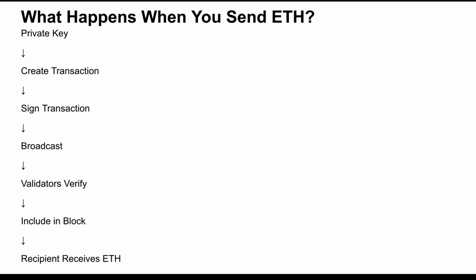And how do they do that? They have access to your public key in that transaction, so they don't know the private key that signed it, but they would know based on that public key that yes, it was signed by the right private key. And then if they validate it, they put it in the block, and then the recipient receives its ETH or crypto. That's basically how the flow is.